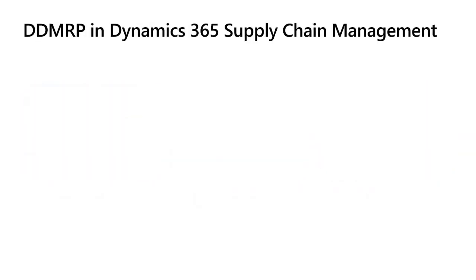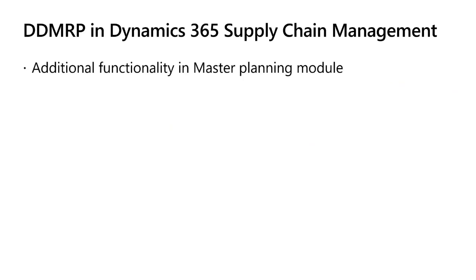Before we dive in, let's go through some key information about the functionality that is released in Dynamics to support DDMRP. Firstly, the functionality has been added to our existing master planning module. It is integrated with the existing planning setups, and it is used together with it in order to arrive at the right configuration for your business.